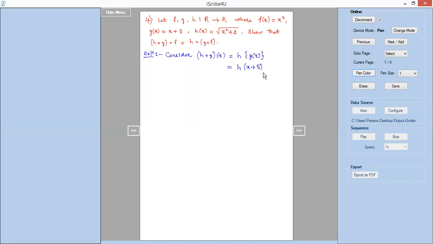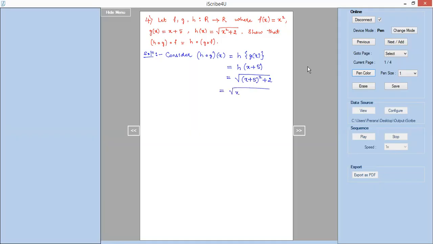Now, how is the h function defined? It is square root of x square plus 2. So this in turn can be written as square root of (x plus 5) the whole square plus 2. On expanding this, we can write it down.